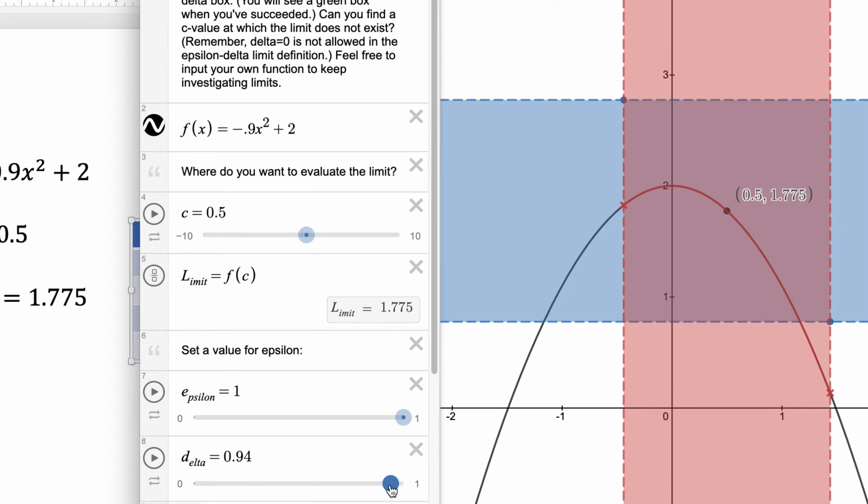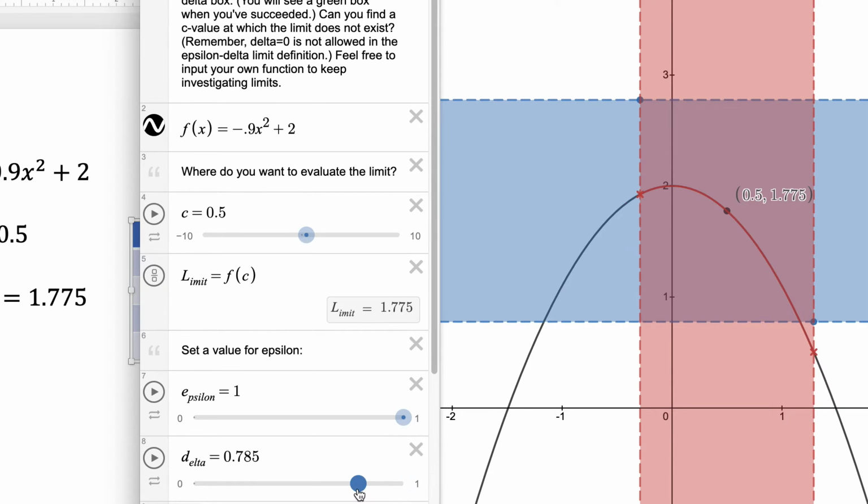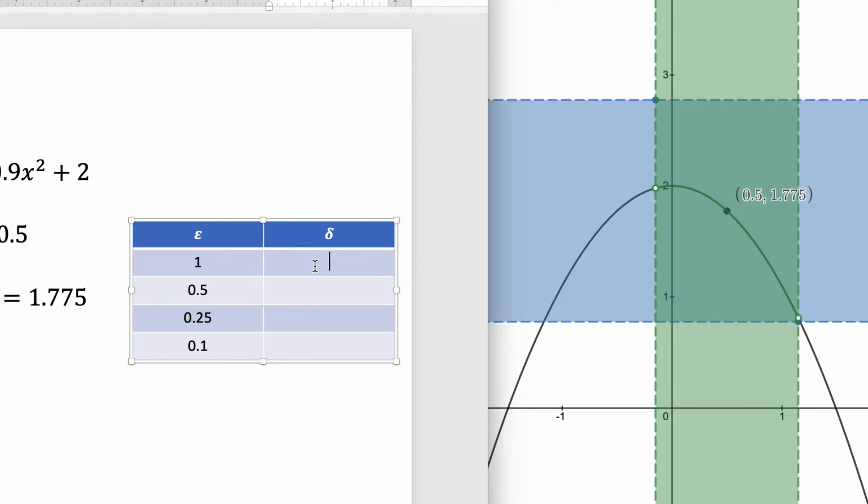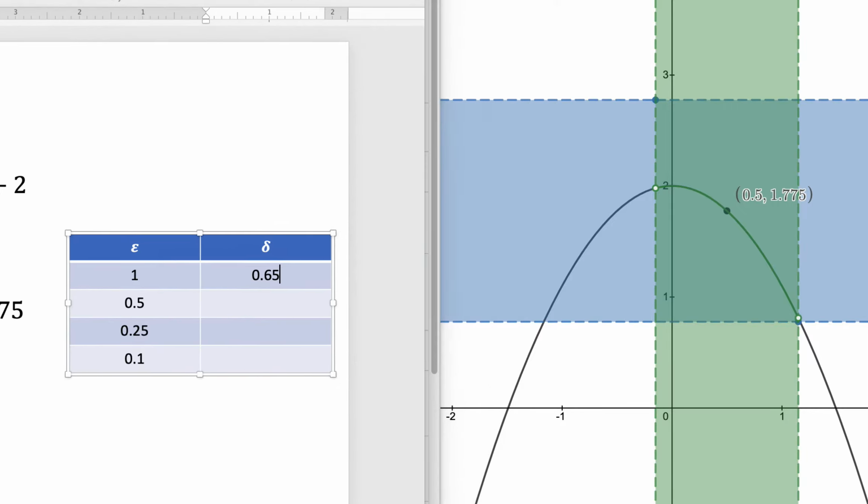So I'm going to slide this delta and make it smaller until, oh, there it is, it turned green. So now whenever x is in any of these values, the y values that match up with it are all within the epsilon band. So when epsilon was 1, a delta of 0.65 works for me.